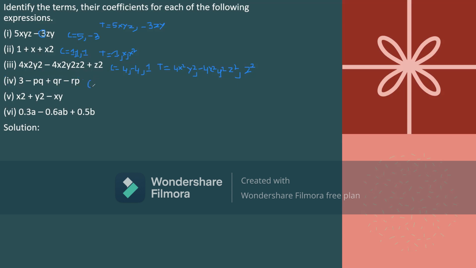Let's go. Coefficients are, first one, if you have said 3, then you're right. Second one, if you have said 1, then you're wrong. If you have said minus 1, then you are right.